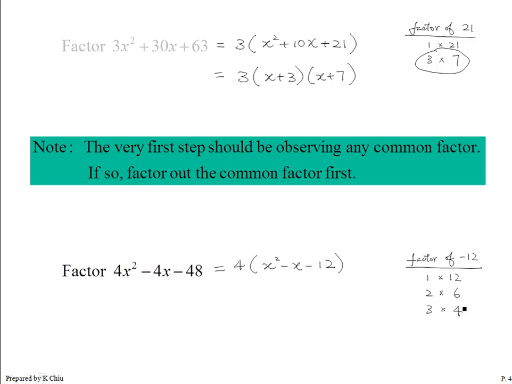I'm looking for the difference indeed. If one of the factors is negative and then I add them up together, I'm looking for the difference. Which pair will have the difference of 1 or negative 1? 3 and 4. Okay? I circle that. And I need to give the negative to one of them. Which one would that be? Give it to 4.